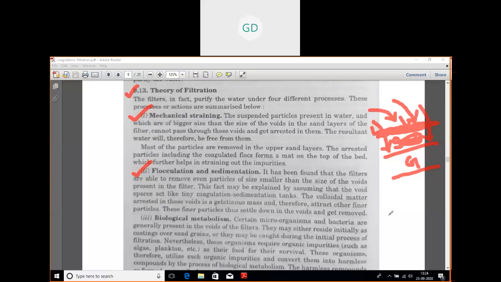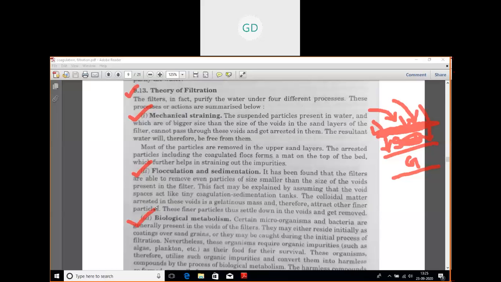When it attracts the other fine particles towards it, it becomes a heavy particle, and then it will settle down and you will get clearer water. So that is the theory behind flocculation and sedimentation here.